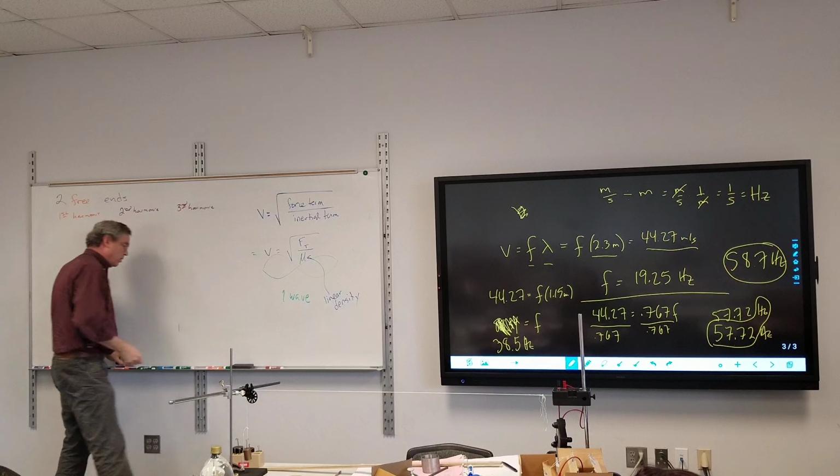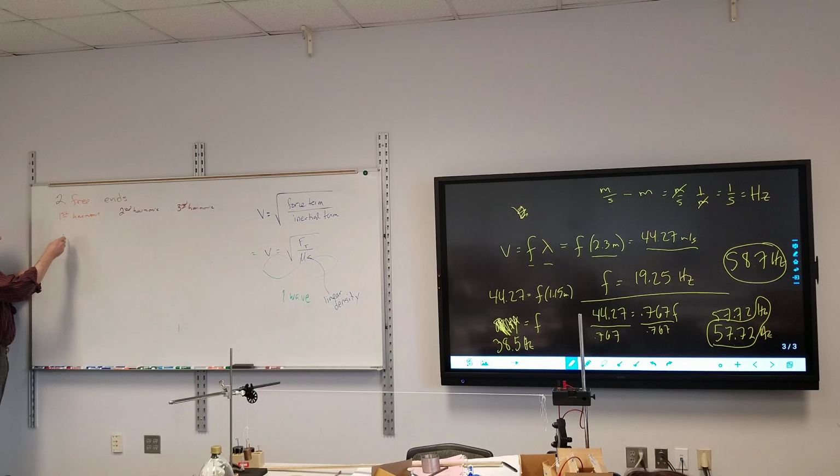And the simplest form that we can get there, well, I have to have an antinode on each side. That's the simplest form. How many waves is that? Yeah.